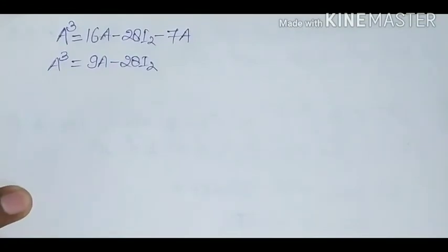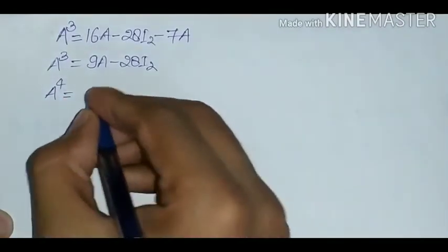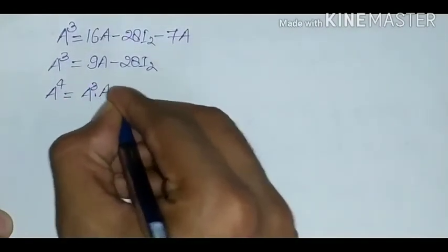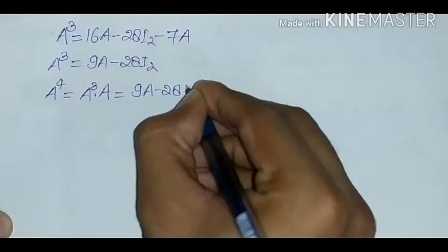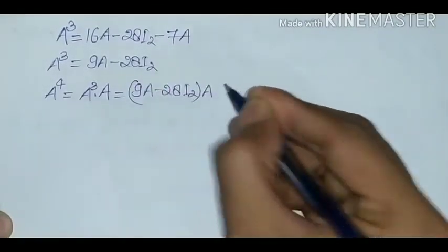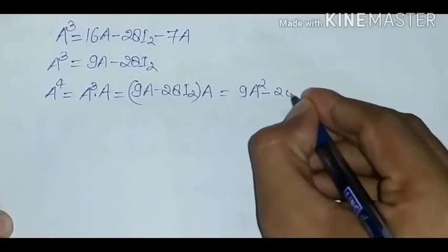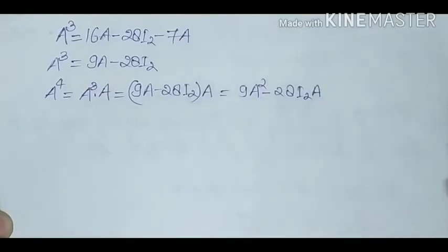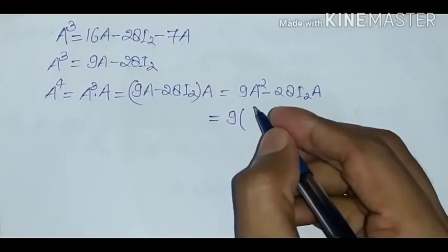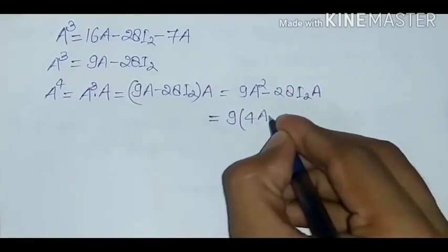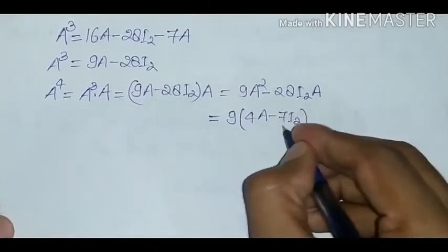Now I'm going to find the value of a to the power 4, which can be written as a cube into a, which equals the value of a cube, 9a minus 28 I2, into a. I'm going to multiply here, then it will be 9a square minus 28 I2 into a, which will be equals to 9 into a square. The value of a square is 4a minus 7I2, as we have already known.